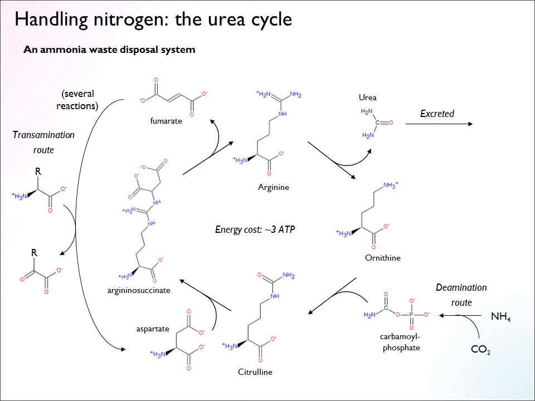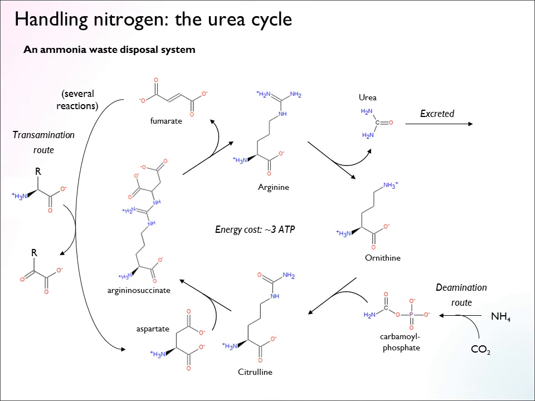So how does this work? Well, we can see there is a cycle. There are a few amine-carrying amino acids involved in this. There are 2 routes of ammonium entry. One is called the transamination route, where ammonia comes in through transamination reactions, and it's captured as aspartate.